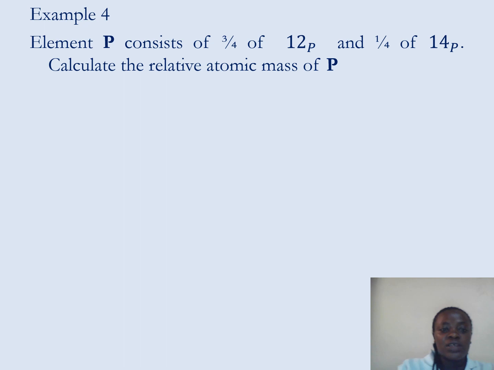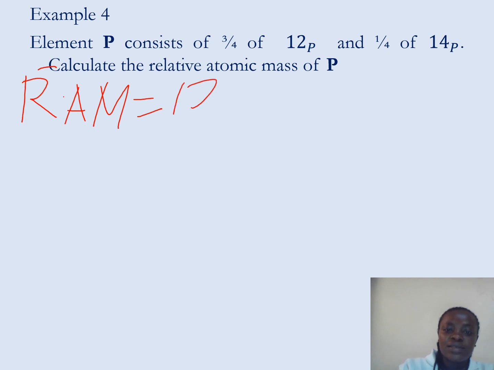So we are going to say relative atomic mass is equal to, we take the first isotope, it has a mass number of 12. We multiply by its fraction, which is 3 over 4, then divide by the total fraction, 3/4 plus a quarter, that gives us 1.